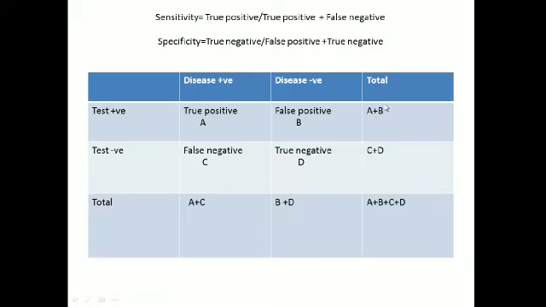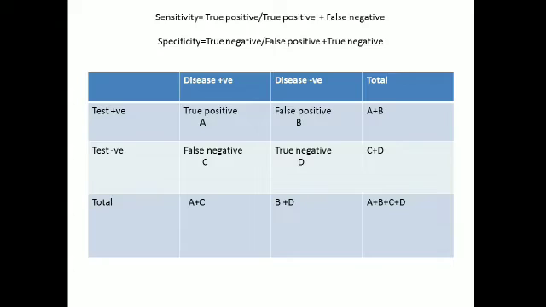Okay? Now the total of test positive will be A plus B, and now come to the C. C will depict false negative, which means the patient has the disease but the test shows that the patient does not have the disease you are searching for.